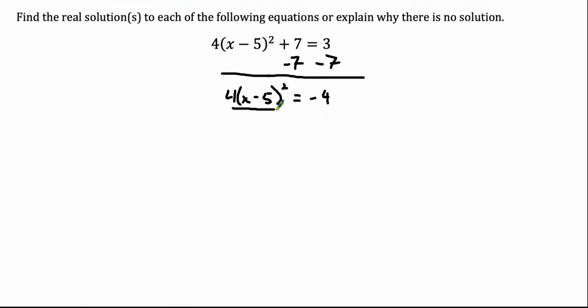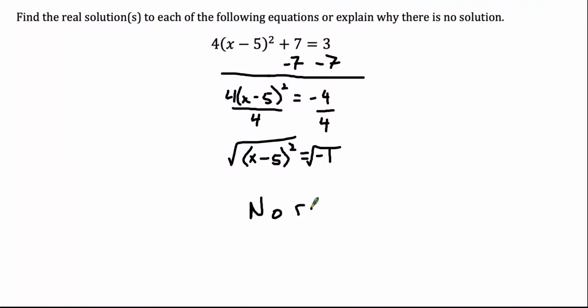Then I will divide both sides by 4 to get x minus 5 squared equals negative 1. And then to undo the square, I can take the square root, but I can't take the square root of a negative number. So right here, I'm done. That means that there are no real solutions to this problem.